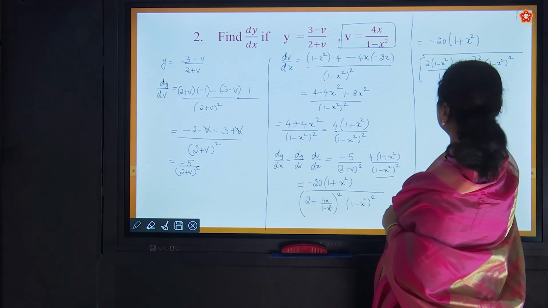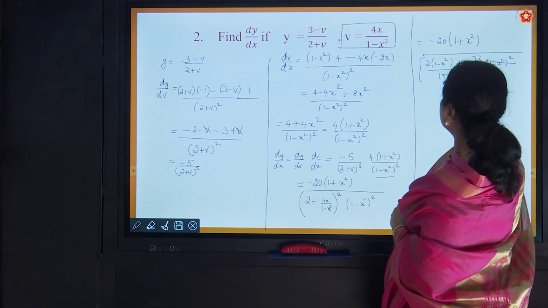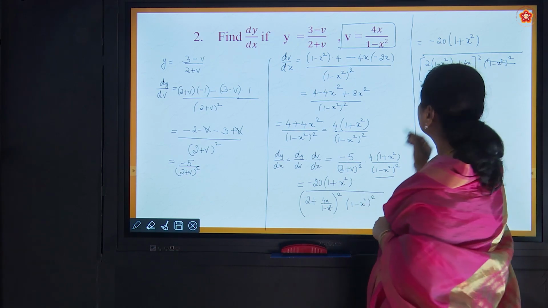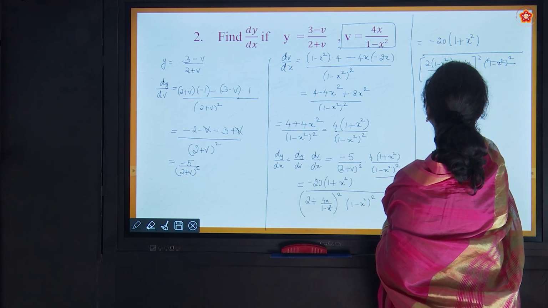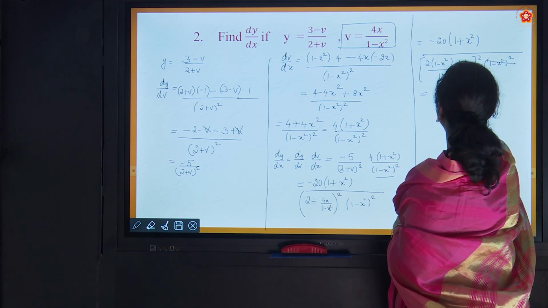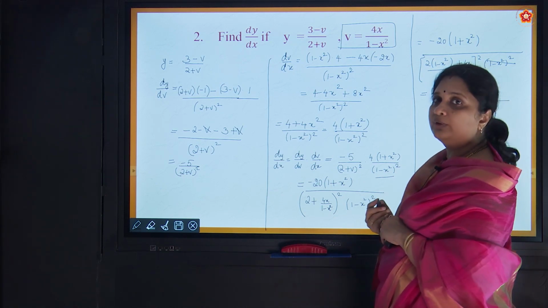Now if you observe, this and this will get cancelled out because there is a square here also and there's a square here also. So this is equal to minus 20 into 1 plus x square divided by, inside the brackets we have only the numerator.